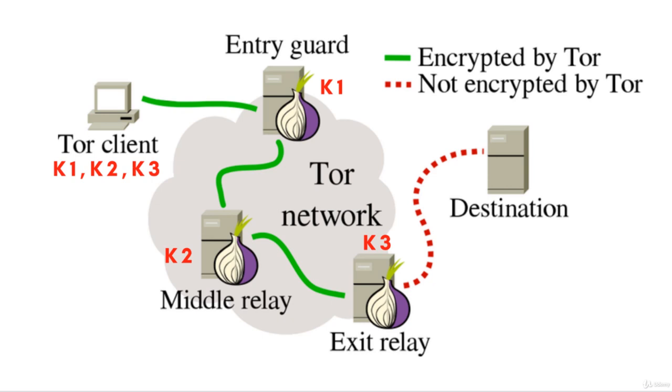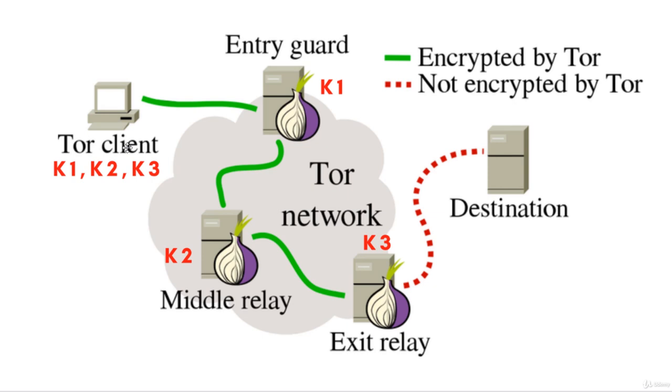In this example, if the middle relay gets compromised, it doesn't know the identity of the source nor the destination server. It only knows that it has received the message from the entry guard and that it has to forward the message to the exit relay.